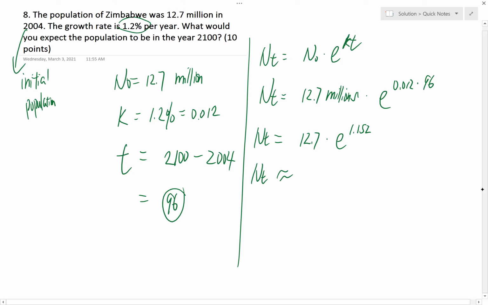And similarly, we round to 1 decimal place, so 12.7 times e raised to 1.152. You should also try it in your calculator or Excel. Make sure you know how to input this. Okay. So the answer is approximately 40.2 million.